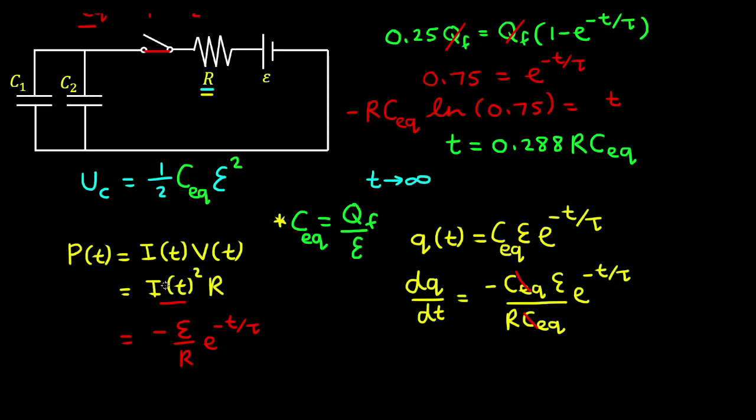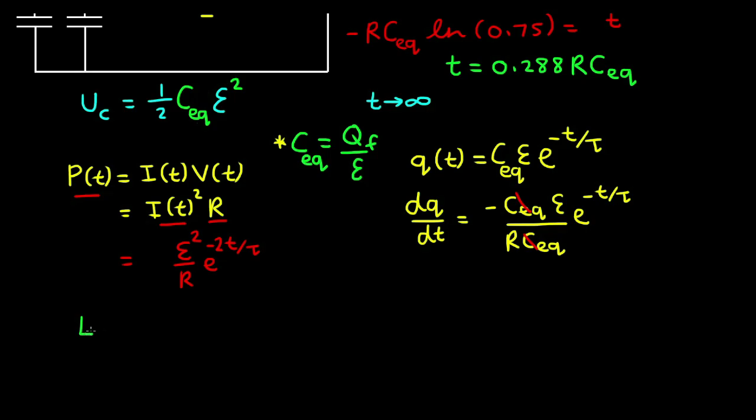And now if we square the current, we get epsilon squared on R squared by e to the minus 2t on tau. And then multiplied by the resistance, we get R in the denominator. So this is the rate at which energy is dissipated by the resistor. So if we want the total energy dissipated by the resistor, we want to integrate the power dissipated by the resistor.